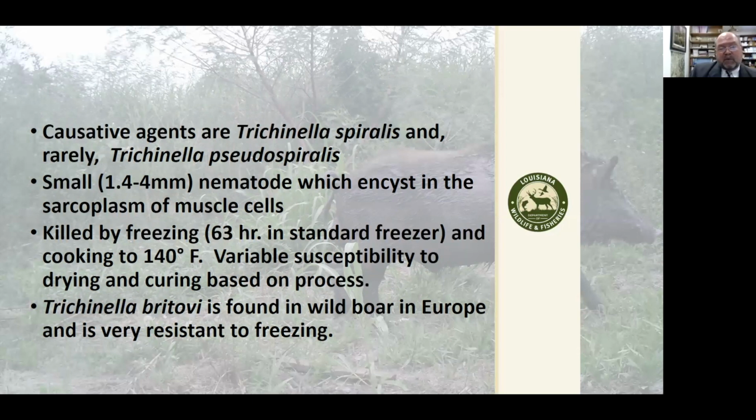Trichinella pseudospiralis and britovi are other subspecies or other species of the Trichinella organism. This is a worm. It's a nematode parasite. It encysts in the muscles, and the Trichinella spiralis is killed by freezing. 63 hours is what it says in the literature. Also cooking it to 140 degrees.